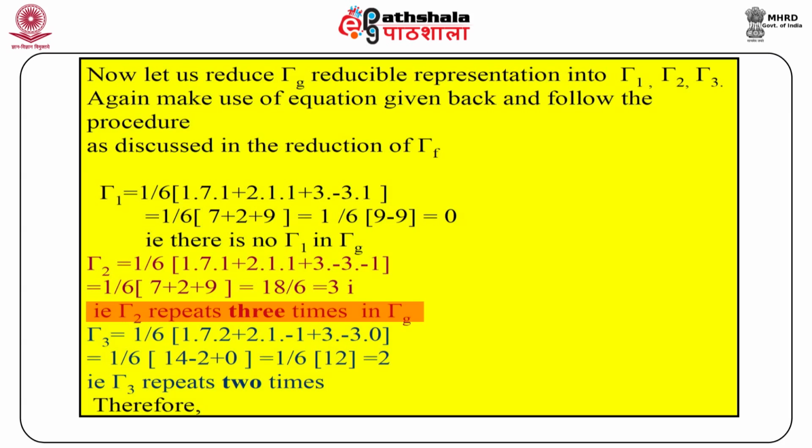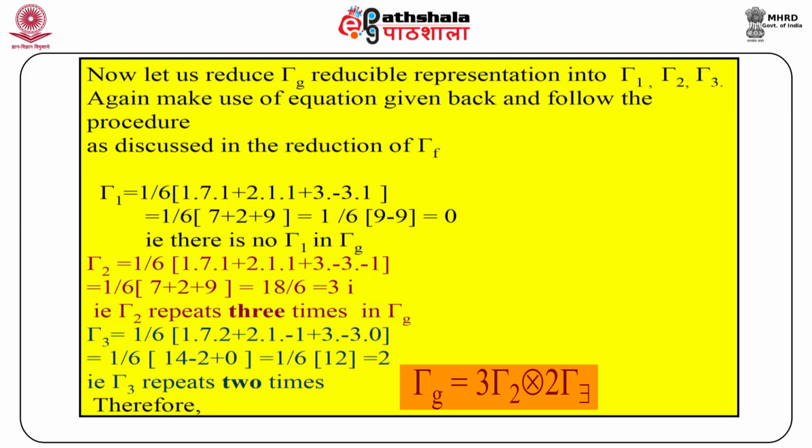That is, tau 2 repeats 3 times in tau Z. Tau 3, 1 by 6, 1 into 7 into 2, 2 into 1 into minus 1, 3 into minus 3 into 0, which is 1 by 6, 14 minus 2 plus 0, that is 1 by 6 into 12, equal to 2. Tau 3 repeats 2 times. Therefore, tau Z is equal to 3 tau 2 and 2 tau 3.